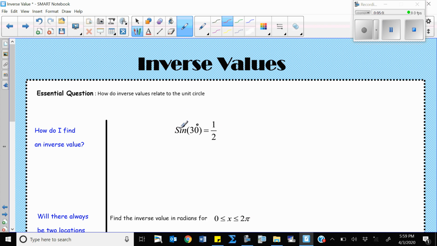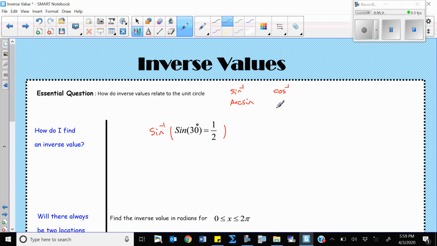If I want to undo this sine function, I need to use sine -1, or the inverse of sine. The inverse of sine is also called arc sine. So if you see arc sine, that's basically the same as sine -1.